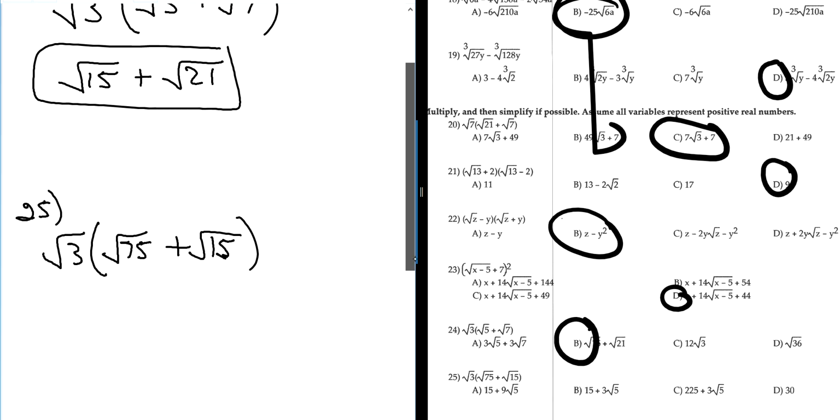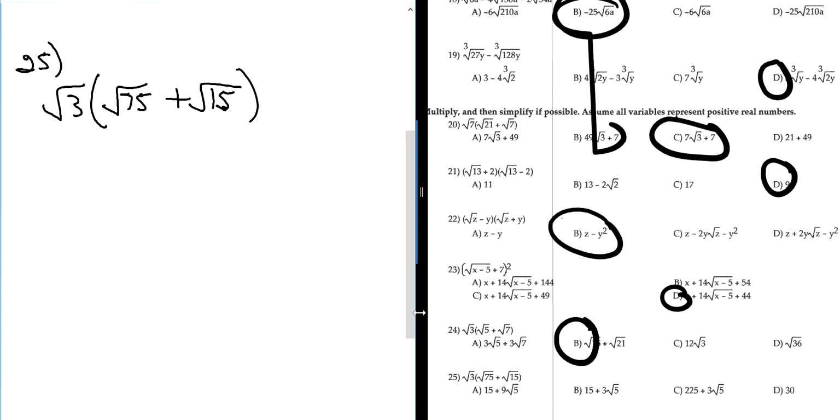The last one here, number 25. Well, this one I can simplify a little bit because it's 75. I know it's the square root of 25 times 3.